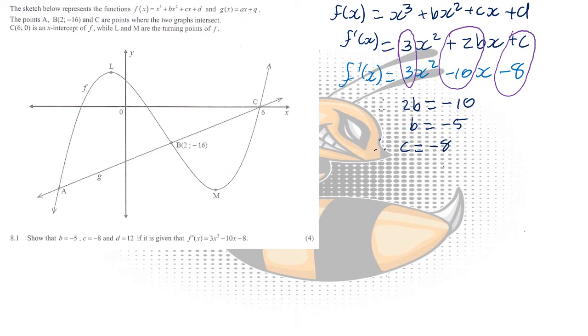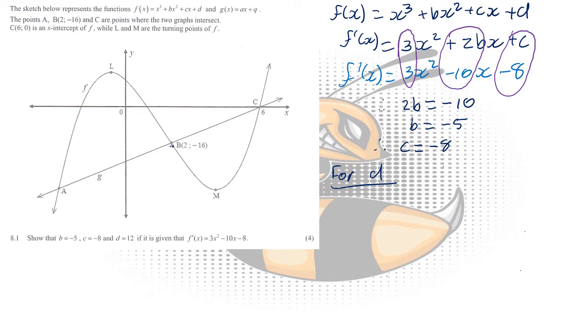Now we're kind of left in a situation here where we can't find d the same way, but they did give us another point on the function. So to find d, we can just use the b and c values that we calculated, the a value that we have, which is 1 in this case, and then the point B to help us find d.